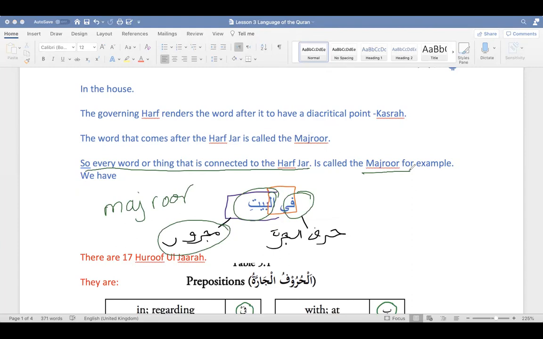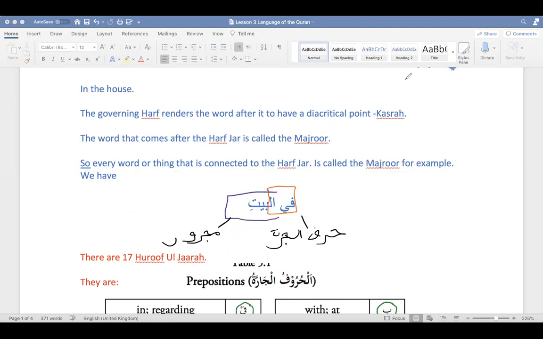Yes, please. Is halat jar and majroor the same thing? So, majroor is in halat of jar.